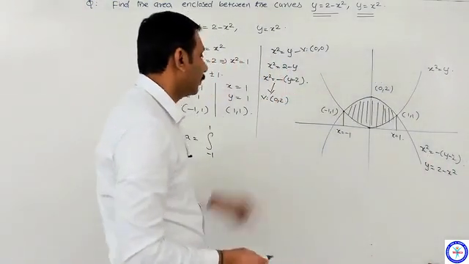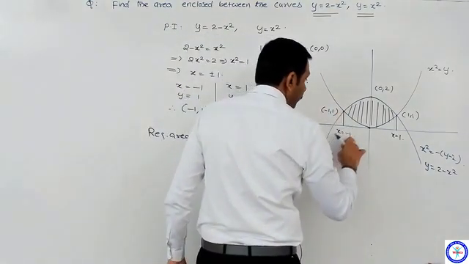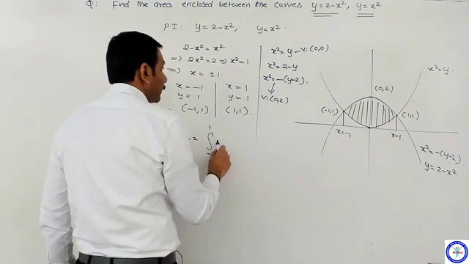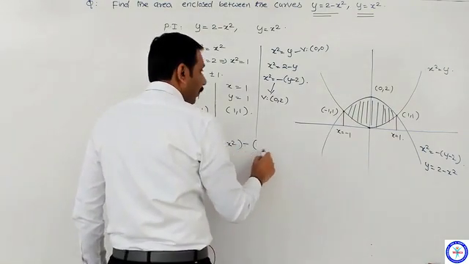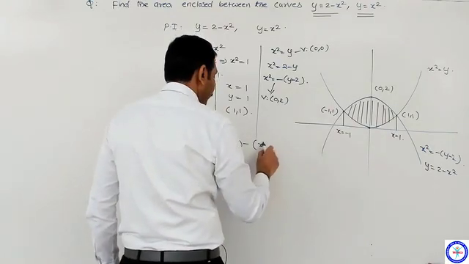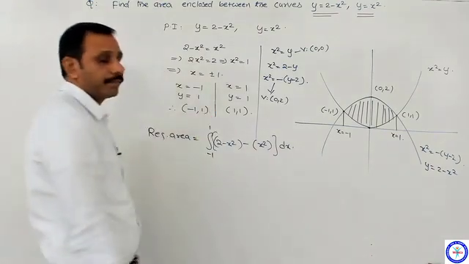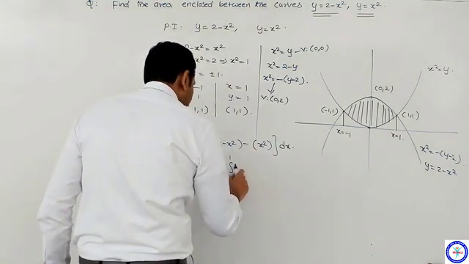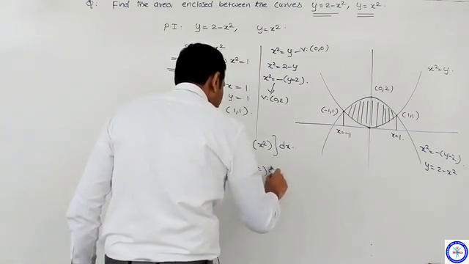In terms of x I want it, because I have taken limits for x, x equal to minus 1 to x equal to 1. It is 2 minus x square minus the lower curve y equal to x square, that is x square, into dx. It is equal to integral minus 1 to 1 of 2 minus 2x square into dx.